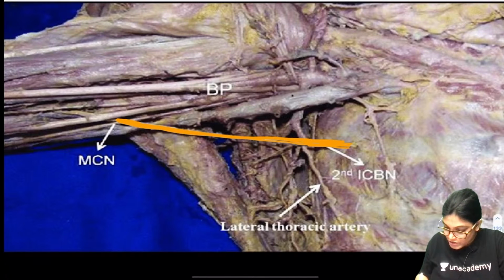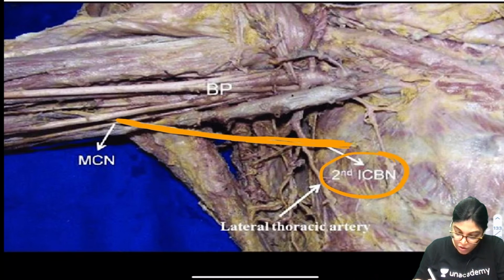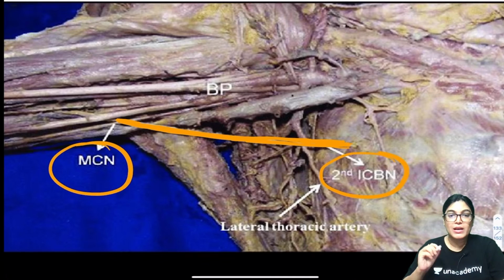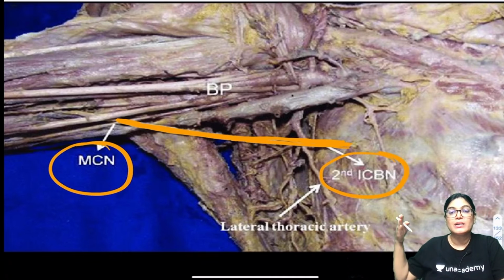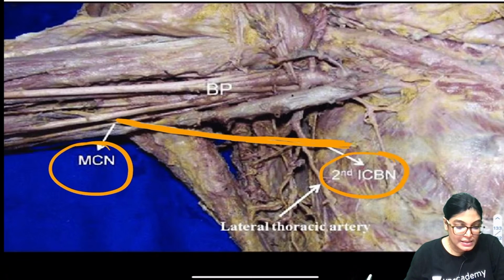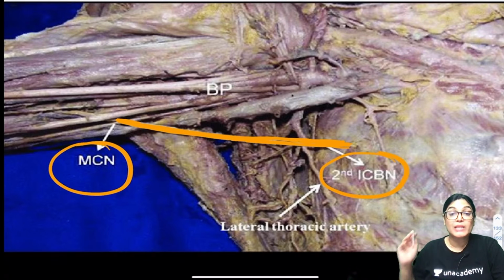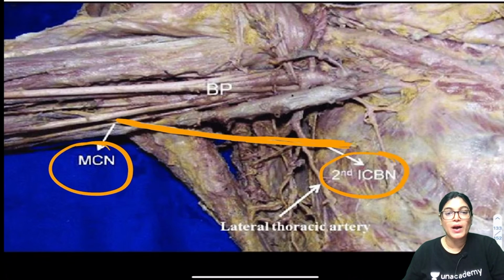This is the second intercostobrachial nerve, forming communication with the medial cutaneous nerve of the arm. It arises from the chest area, the second intercostal region, as a branch from T2. That is the reason the intercostobrachial nerve is responsible for pain in the medial aspect of the arm. Is it clear to everyone?